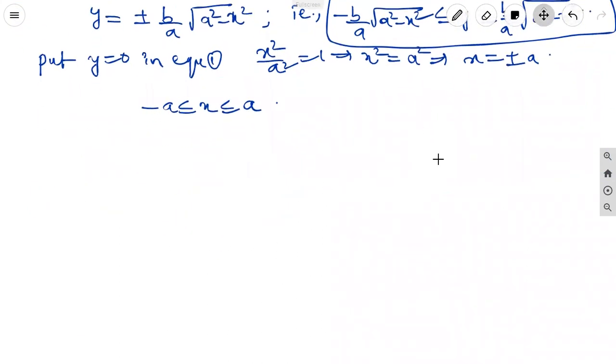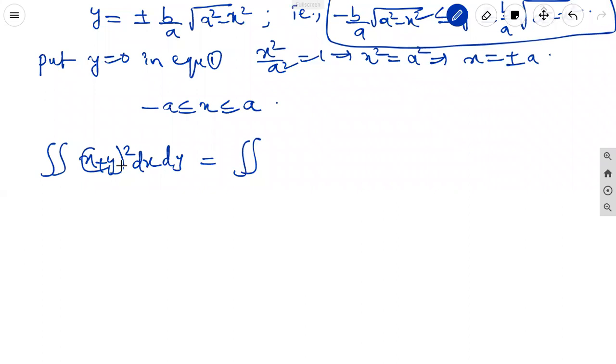Here, the given double integral is (x plus y) whole square into dx dy. This is equal to the expansion of (x plus y) whole square, that is x square plus y square plus 2xy, into dx dy.